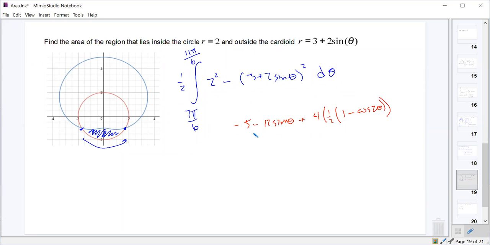And if we simplify all that down, we're going to have a negative 5 plus a 2. Sorry, this is all being distributed with the minus sign. So a negative 5 minus a 2, which is going to give us a negative 7 minus a 12 sine theta. And then that ought to become a plus 2 cosine 2 theta. Everybody good with that?